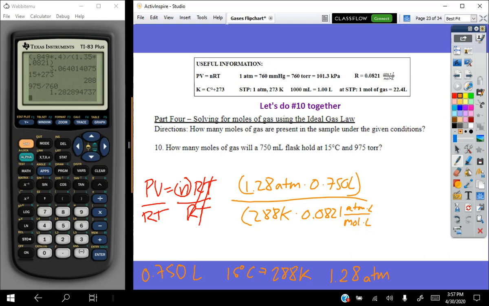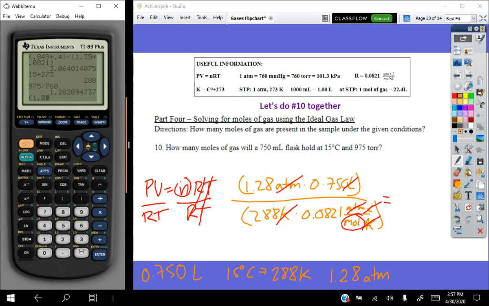Atmospheres, liters, moles, and Kelvin. If we check our units, atmospheres is gone, liters is gone, Kelvin is gone, and I'll be left in moles in my final answer.